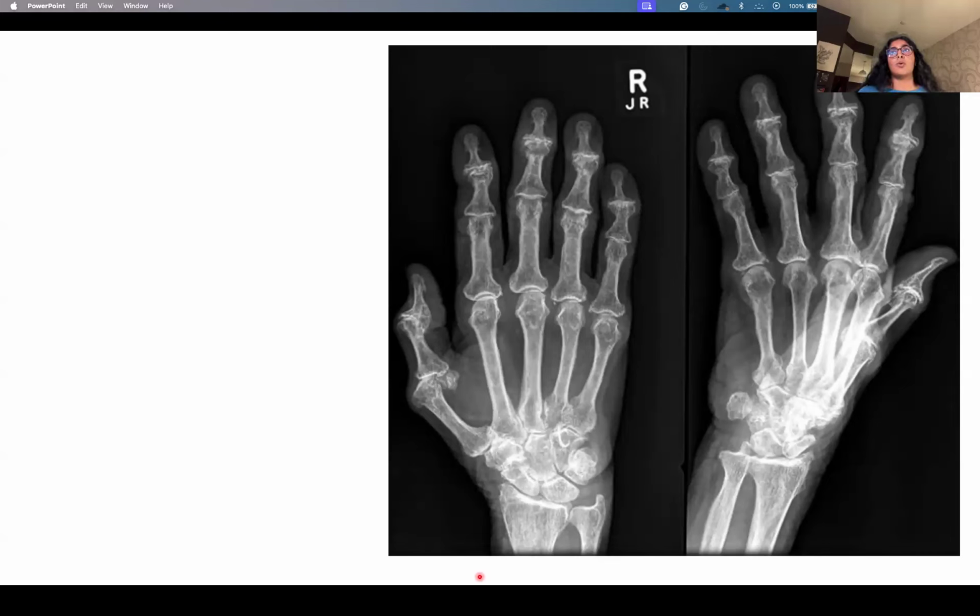Any ideas of what the diagnosis is? You can put it in the chat or directly to me if you've got any ideas. That's a good one, rheumatoid. Osteo. It's going to be either rheumatoid or osteo.